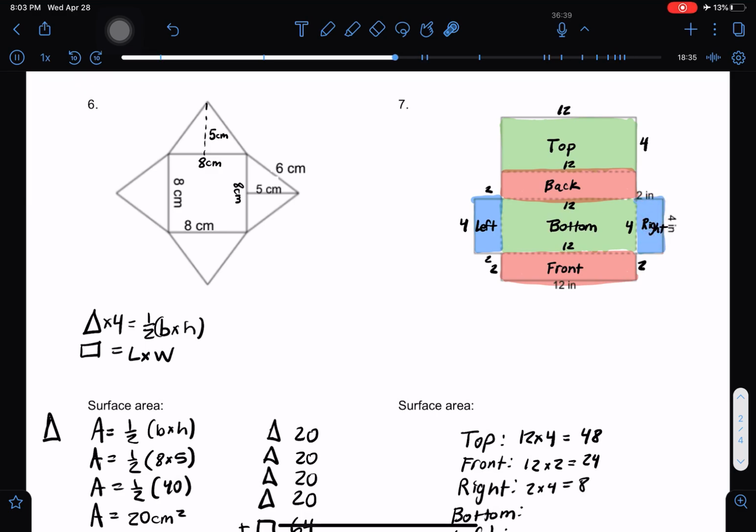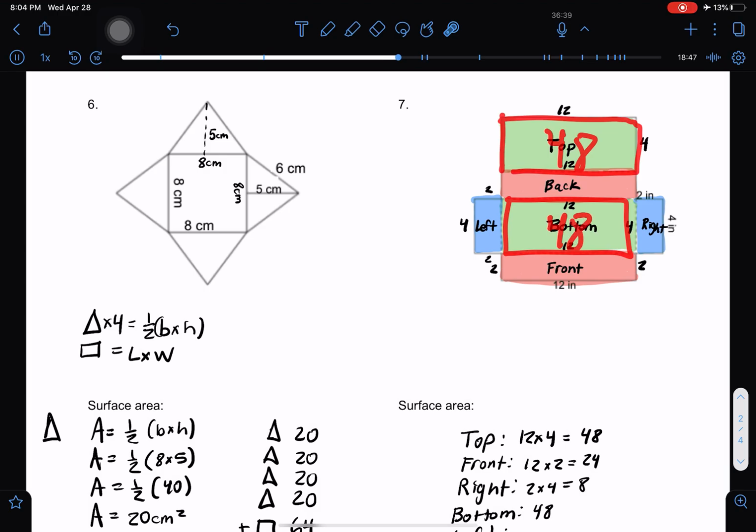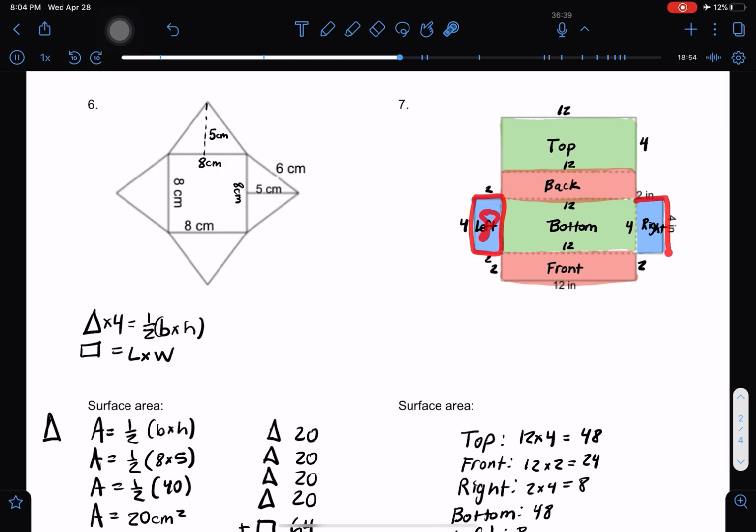Now, as I see there on the image above, the top is the same size as the bottom, so I can just go ahead and say that this is also 48. The left is 24. Sorry, no, the left is 8 because it is opposite of the right, and the back is 24.